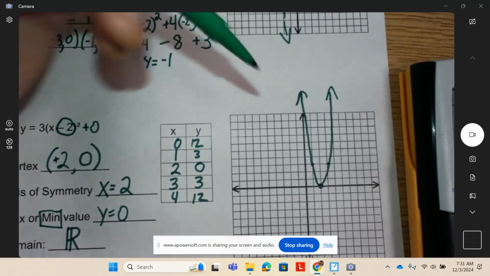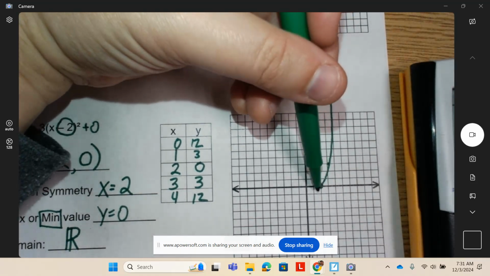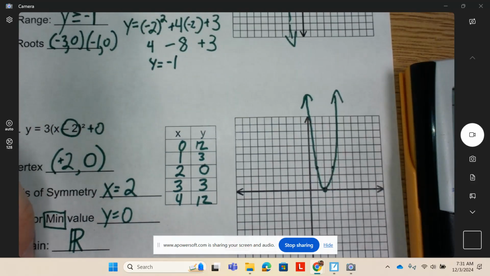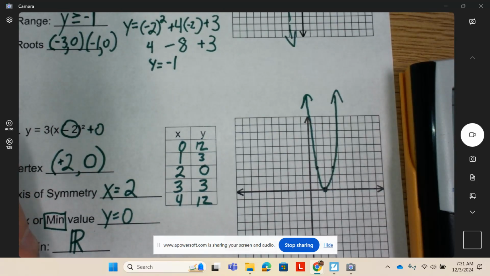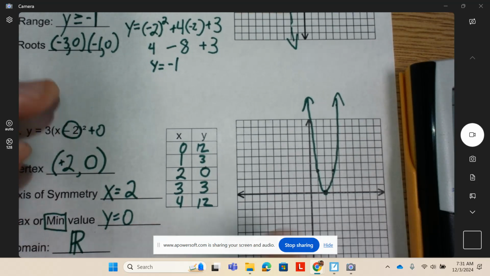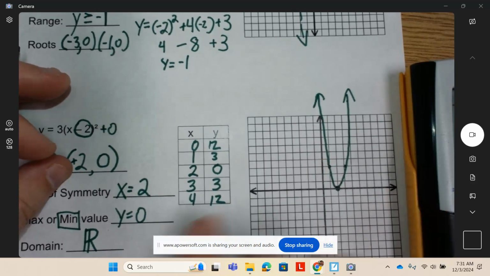And my y values, I'm hitting y values continually going down all the way until I get to that 0 there. So we would say that all the y values are greater than or equal to 0, because I've got the point there that's equal to 0, and then anything above that.